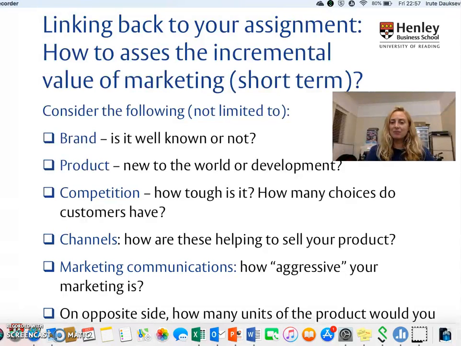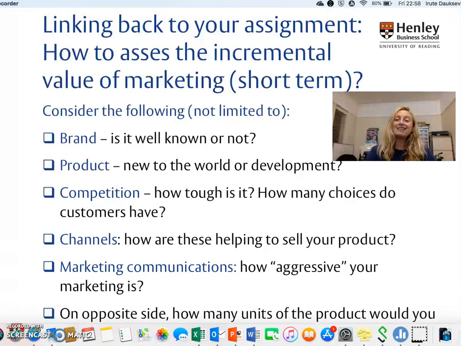Channels, how are these helping to sell your product? If you are available just online and nothing in stores, then it might be more difficult. But if you are available through different channels, then people can find you more easily. Sometimes we go in the shop, just like I did today actually, to search for a chocolate, and I was looking for a dark chocolate.